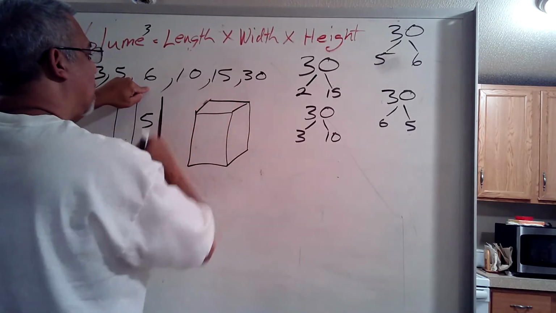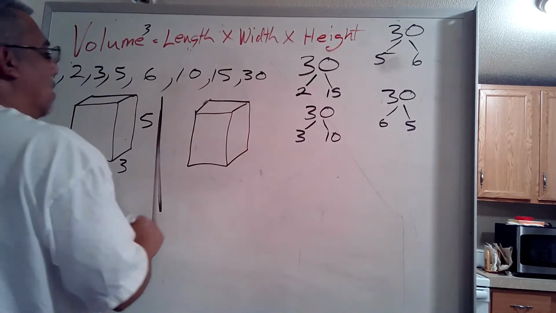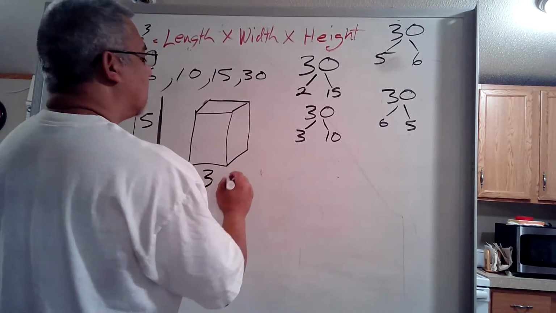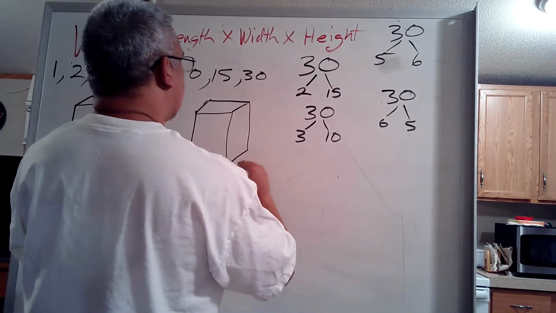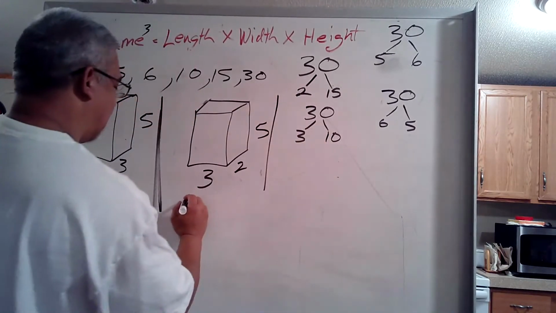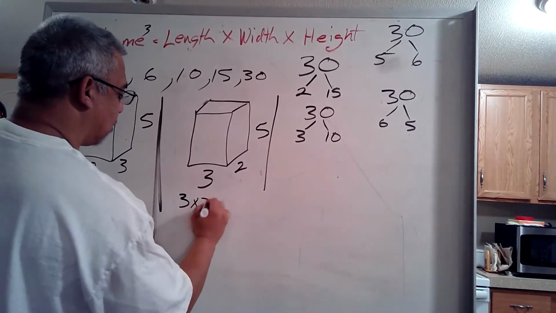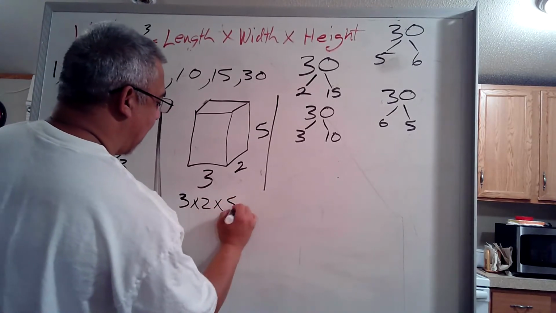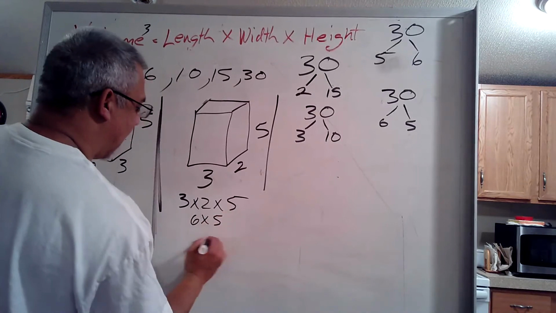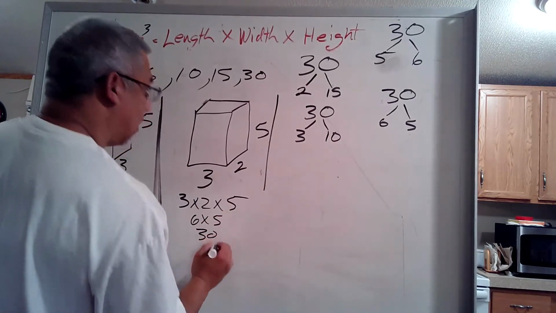If the numbers work, that's what's most important. So if we're trying to figure out ways to do 30, we could say 3 times 10, so that would be 2 and 5. Oh hey, is that right? Because we could say 3 times 2 times 5. What is that? That is 6 times 5, and that also equals 30.